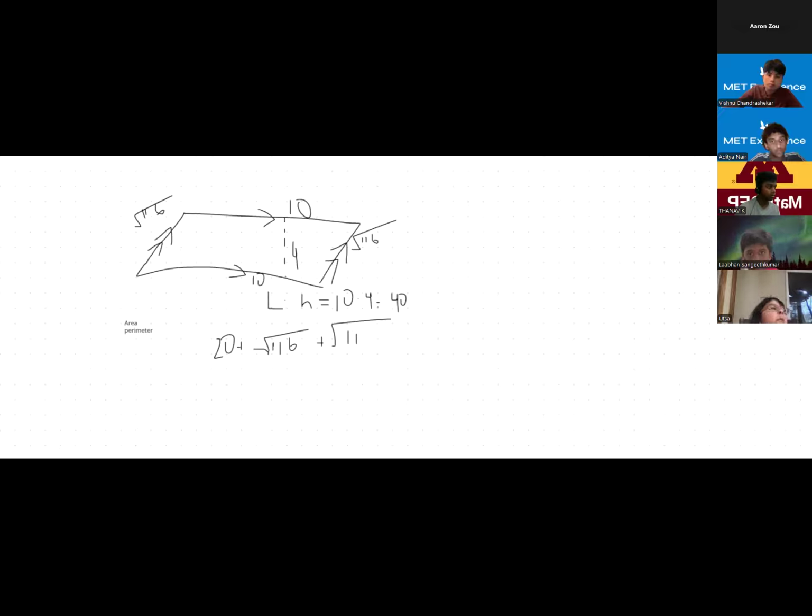And this also simplifies down to 20 plus 2 square root of 116, and 2 square root of 116 is nothing other than 2 times the square root of 116. So don't let that trip you up either.